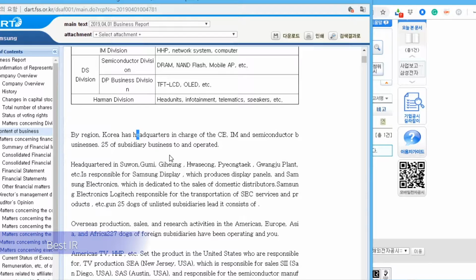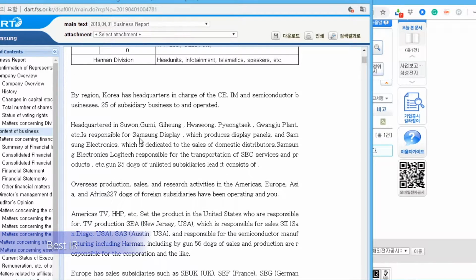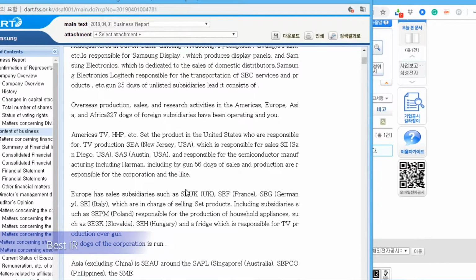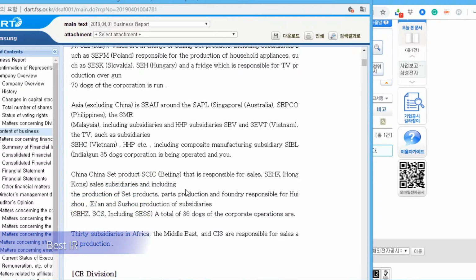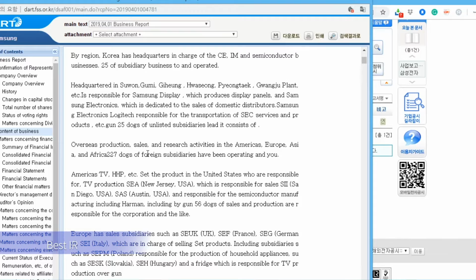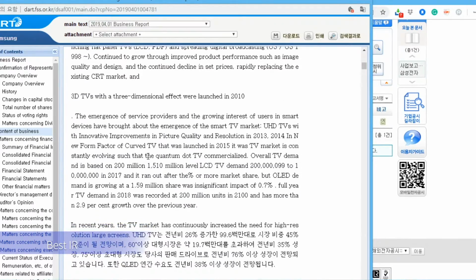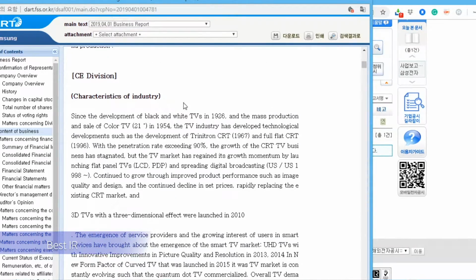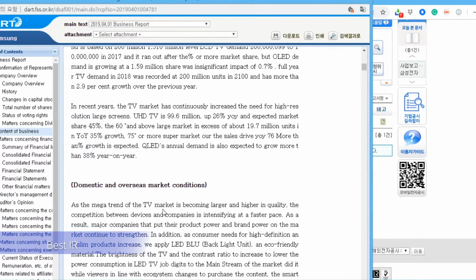And then they're gonna tell you very basic things about the company operations, starting with CE, which is TV related. Since they developed the black and white TV, the mass production and sales of color TVs, and so forth and so forth.